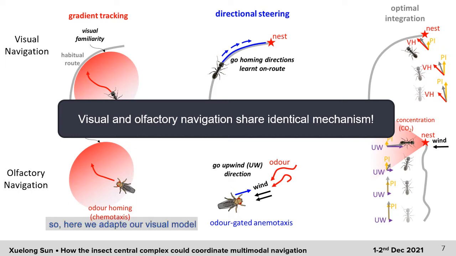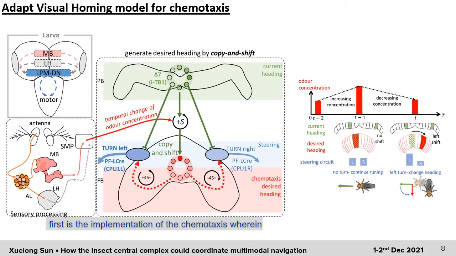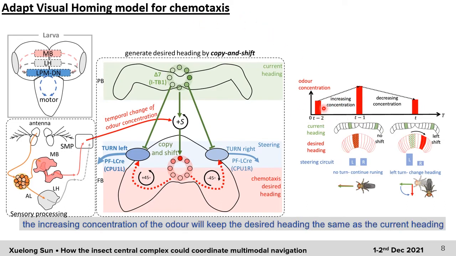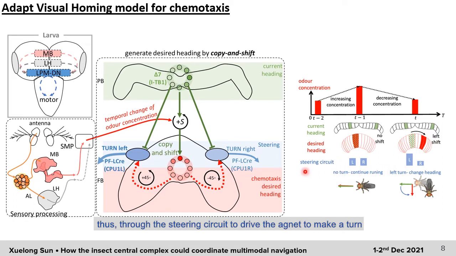So here we adapted our visual model to model olfactory navigation. First is the implementation of chemotaxis, wherein an increasing concentration of the odor will keep the desired heading the same as the current heading, while a decreasing concentration will trigger the shifting of the current heading to generate the desired heading, thus driving the agent through the steering circuit to make a turn.